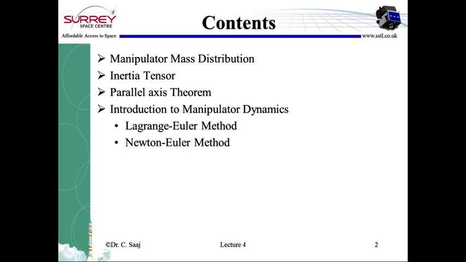I'll introduce two methods, the Lagrange-Euler method and Newton-Euler method. We will discuss in detail the Lagrange-Euler method, and we will only discuss very briefly the Newton-Euler method, mainly to understand the difference between these two approaches.